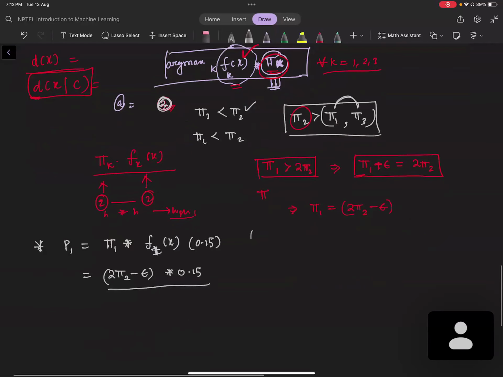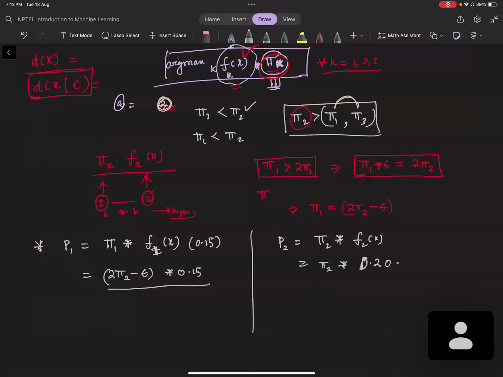On the other hand, if I calculate the class 2 value, it will be pi 2 times f2 of x, and f2 of x is 0.20.